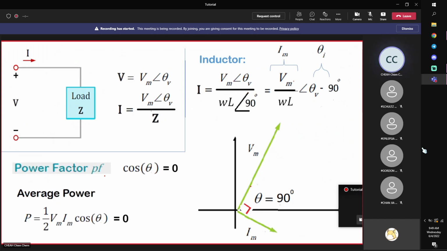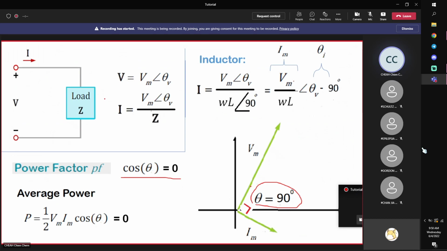Now we know that power factor is cosine theta. If theta is 90 degrees, then cosine 90 is equal to 0, which means that there's no real power if you have a pure energy storage element.